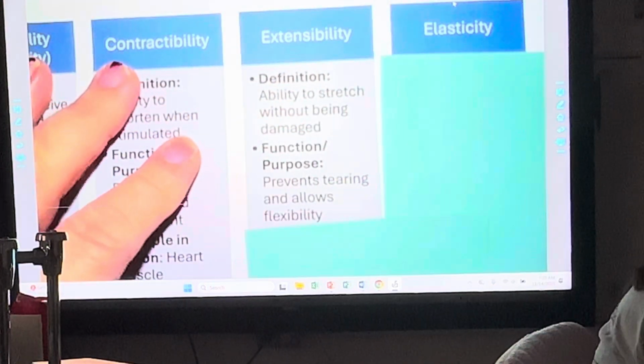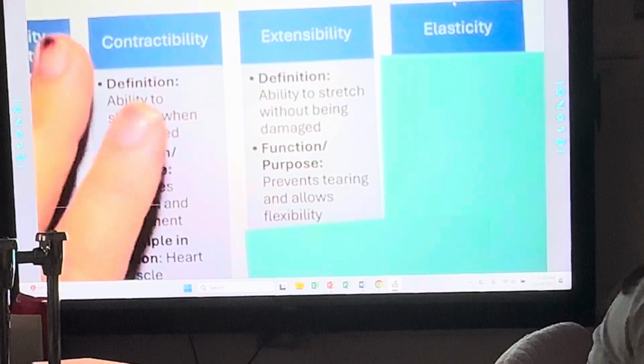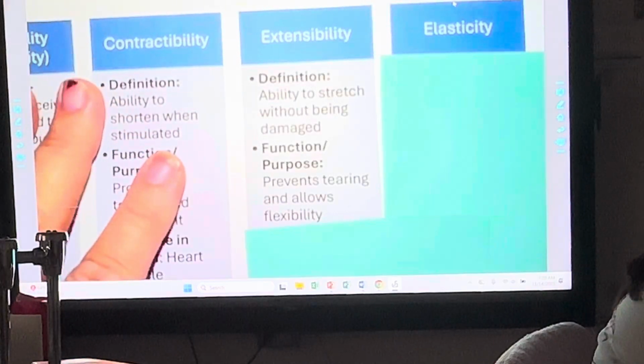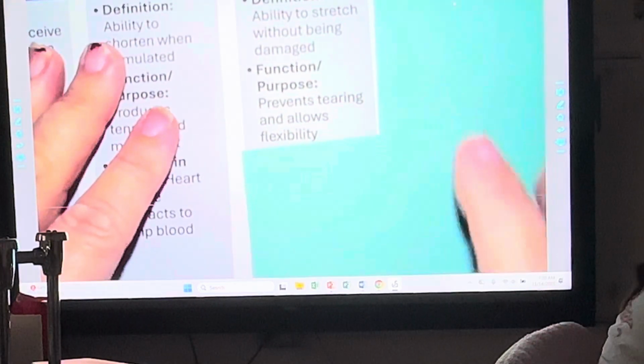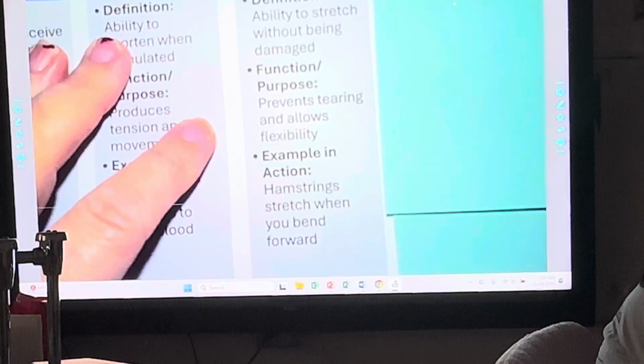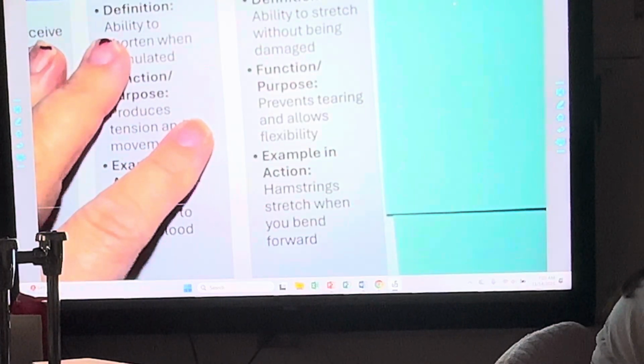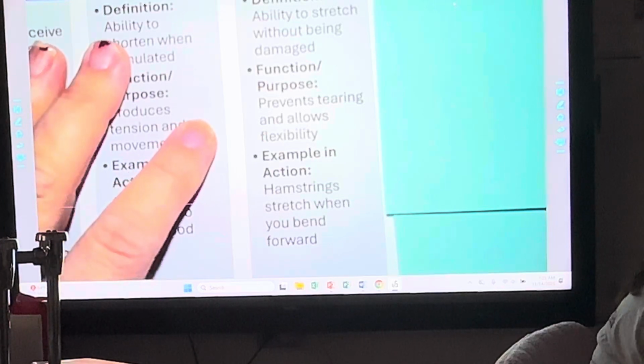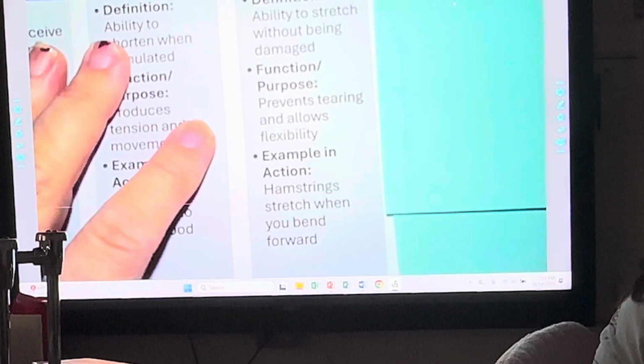So the whole purpose here is to prevent tearing and allow for a certain amount of flexibility. So that's really important. And so the hamstrings, and remember hamstrings are a muscle group, stretch when you bend forward.